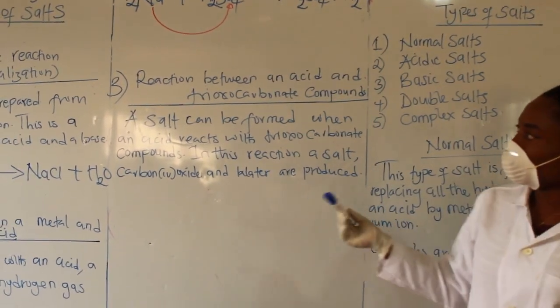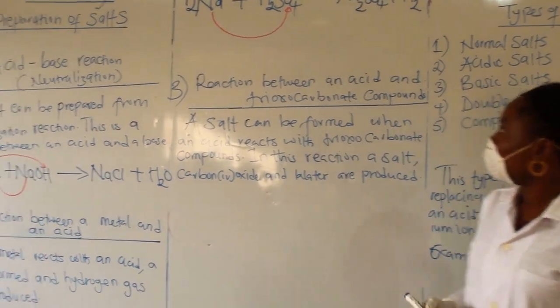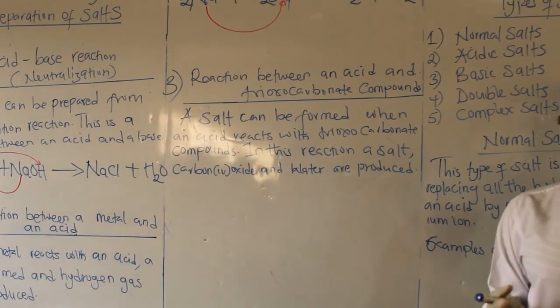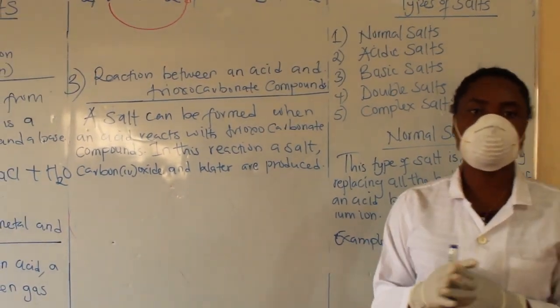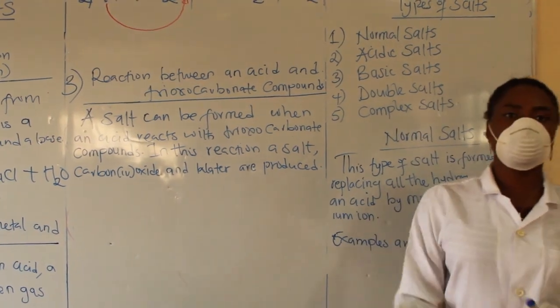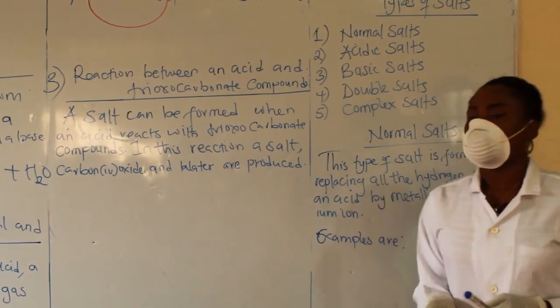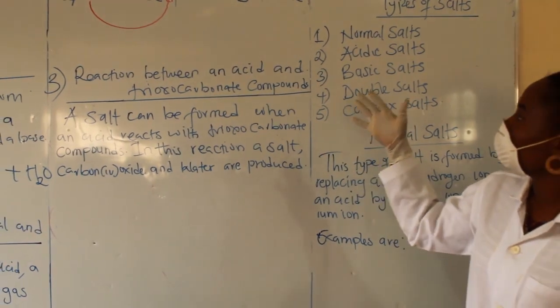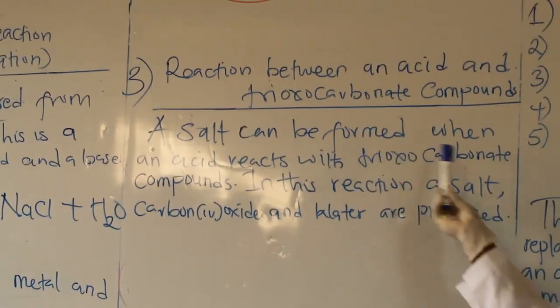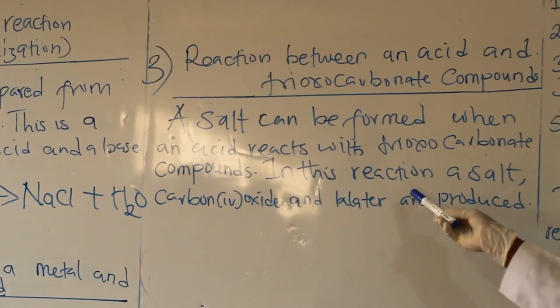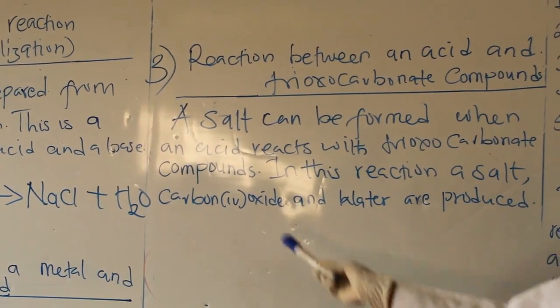The second way is reaction between an acid and a trioxocarbonate compound. Tri, of course, you know tri is 3. A salt can be formed when an acid reacts with a trioxocarbonate compound.